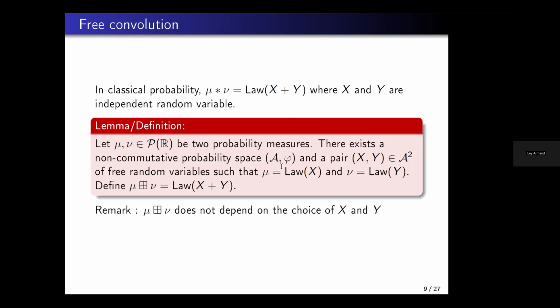So the sum of the two random variables is well defined, and you define the free convolution, which I note like that, as the law of the sum of x and y. As in the classical setting, this law does not depend on the choice of x and y. So you have defined a free convolution in non-commutative probability, which is already satisfying.